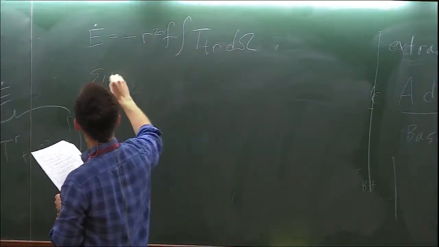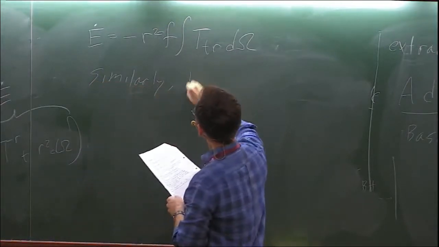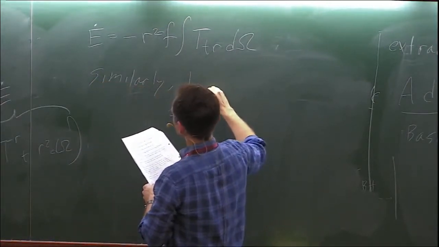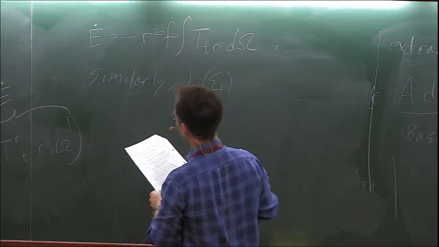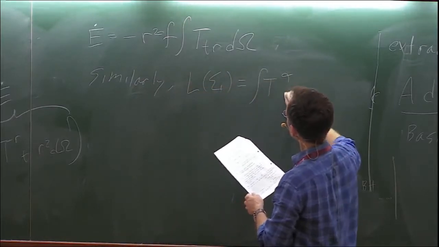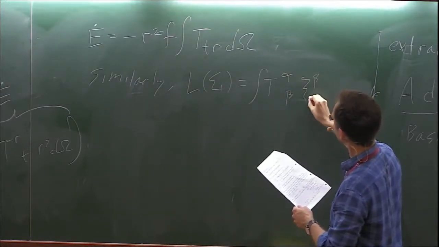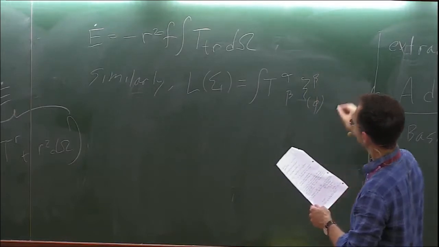Okay, similarly, the angular momentum on one of these surfaces is T alpha beta, and now contracted into the azimuthal Killing vector.